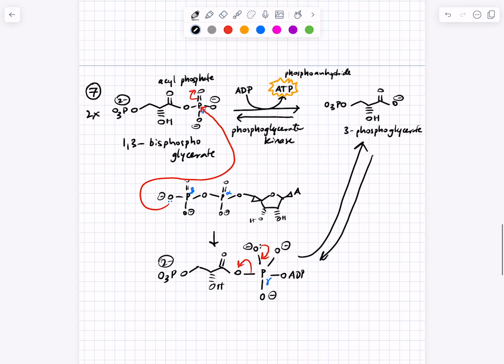This reaction that we've just talked about is sometimes called substrate level phosphorylation, meaning we phosphorylate ADP to get ATP, but we don't do it with the ATP synthase from the electron transport chain. We get the phosphate group from an enzyme substrate. That's why it's called substrate level phosphorylation. All right, questions about that?